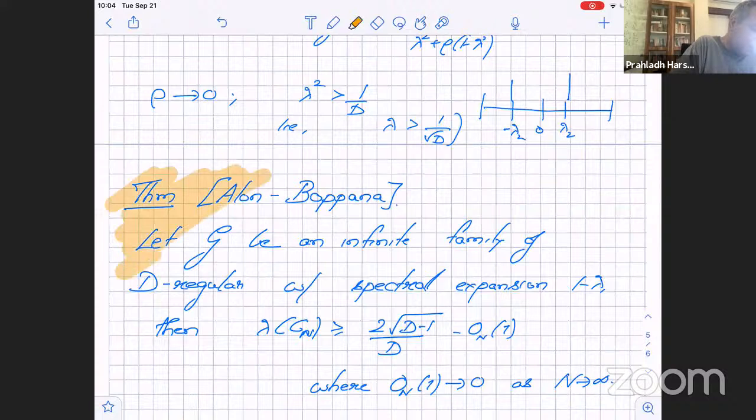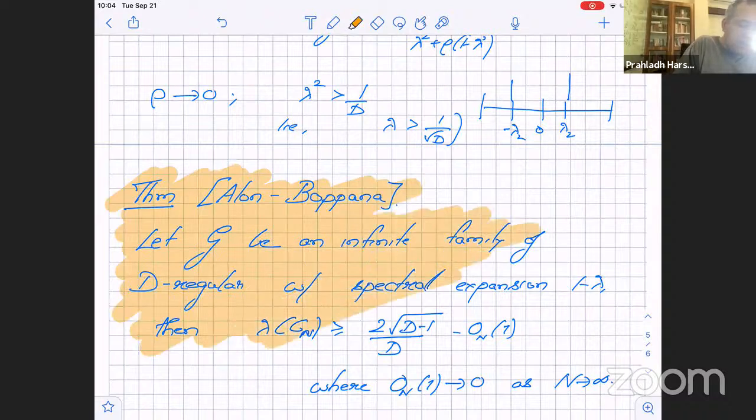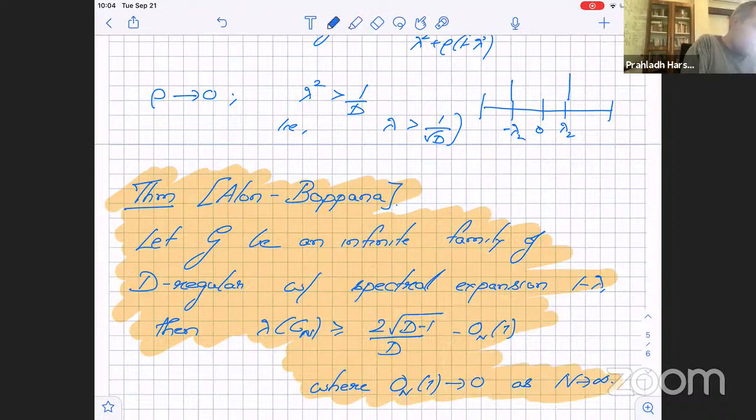So this is a slight improvement of what I had said previously. Previously, I said lambda has to be greater than 1 over square root D. This says it's more like greater than 2 over square root D. All I'm claiming is that there's a slight improvement on the lower bound for lambda.